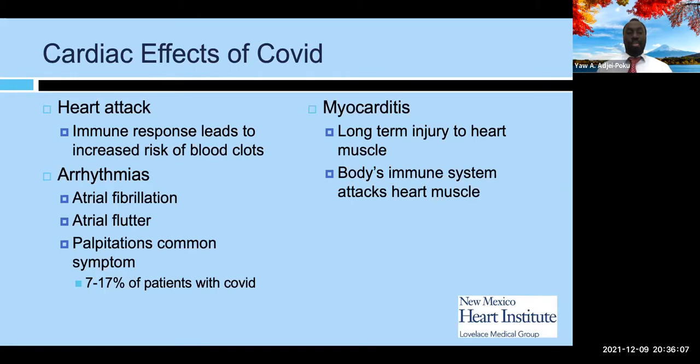So sometimes your body's immune system attacks its heart because it thinks the cells of your heart muscle are actually cells from the virus. So this immune response increases the risk of blood clots, risk of damage to the heart muscle, which is manifested by myocarditis. Patients can have long-term injury to the heart muscle from this.